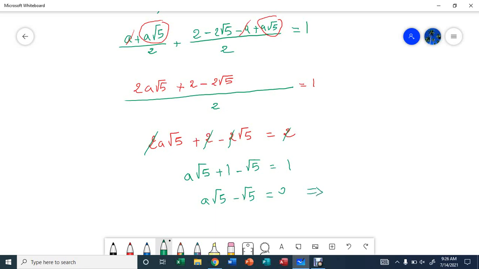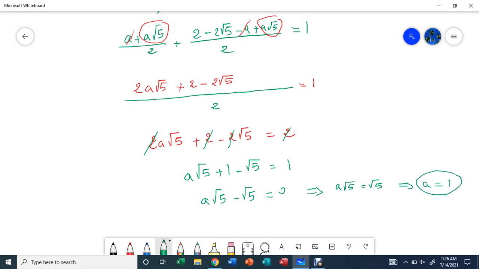Then add positive square root of 5 to both sides, I get A square root of 5 equals square root of 5. That means A equals 1. So I found A.